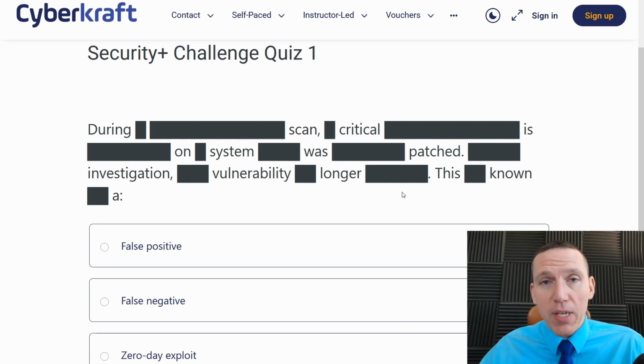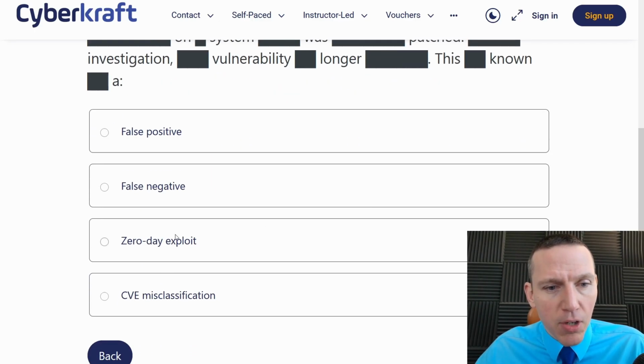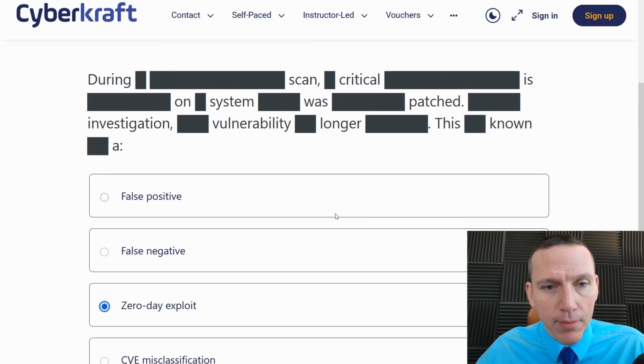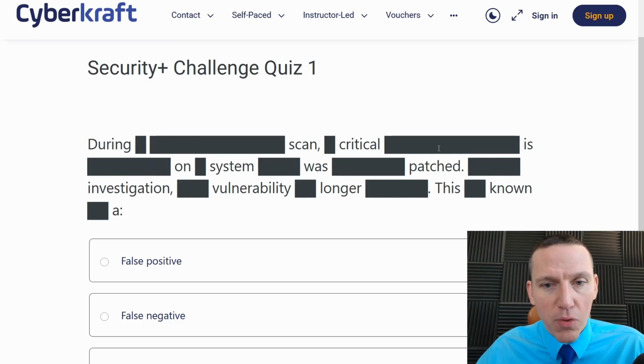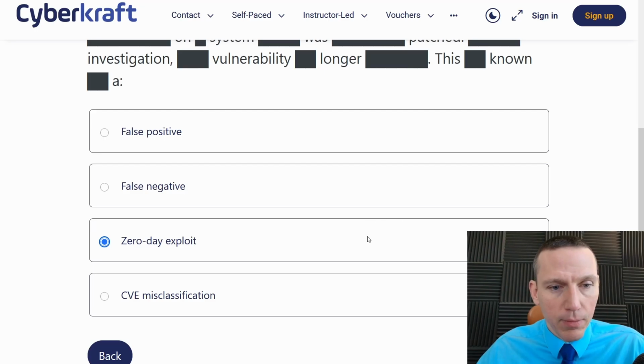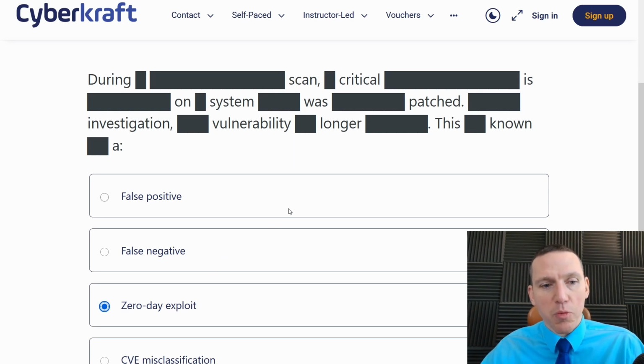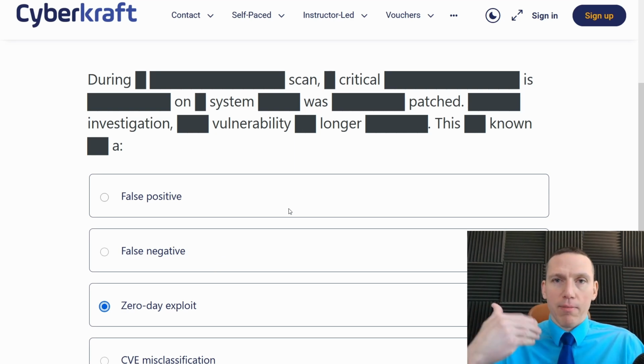I would think this is going to be a 0-day vulnerability, maybe. 0-day exploit. The vulnerability is no longer there. This is known as a something. A critical vulnerability is discovered on a system that was recently patched. Well, I mean, a 0-day exploit is an exploit for which we don't have a patch available yet.